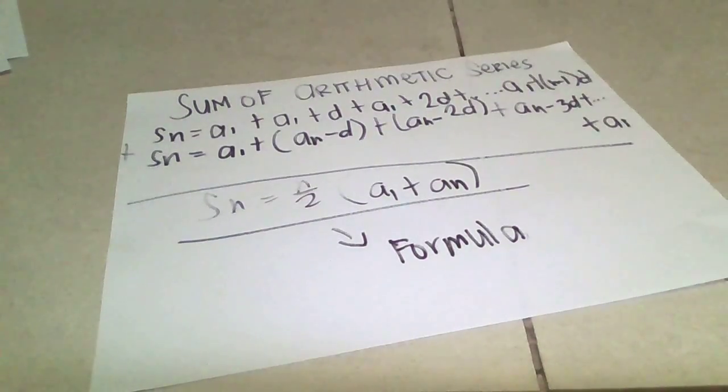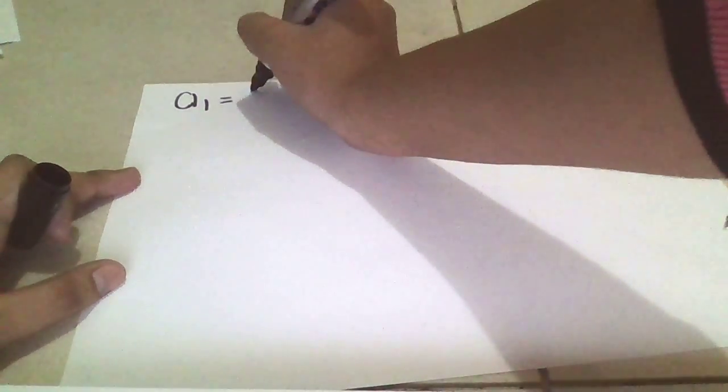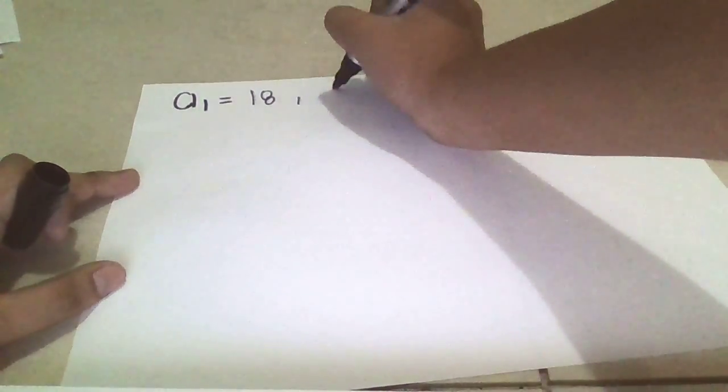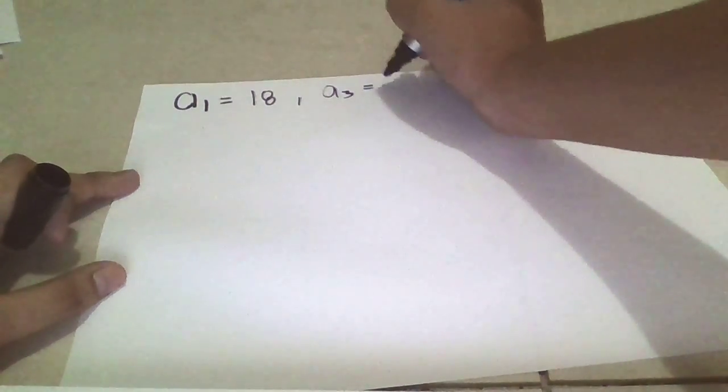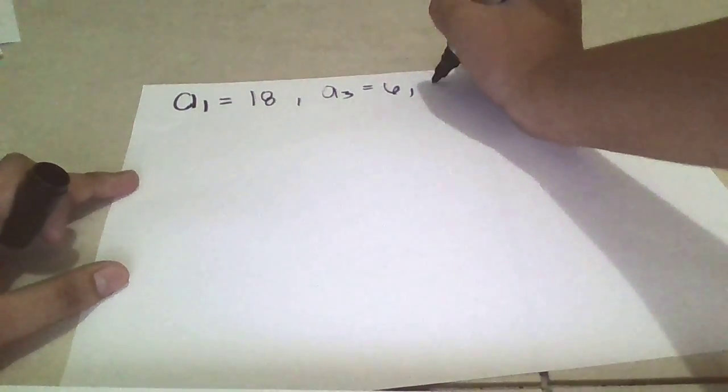I'm going to give you an example. Let's say a sub 1 is equal to 18 and a sub 3 is equal to 6.